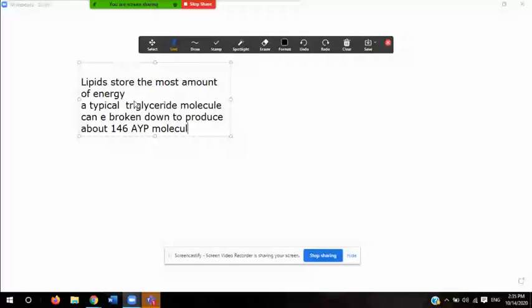Of course, body chemistry is much more complicated than this. This is just a general overview, but lipids are very important in the production of ATP. But the problem with our bodies is that if we consume more lipids than we need, the body is going to store them.